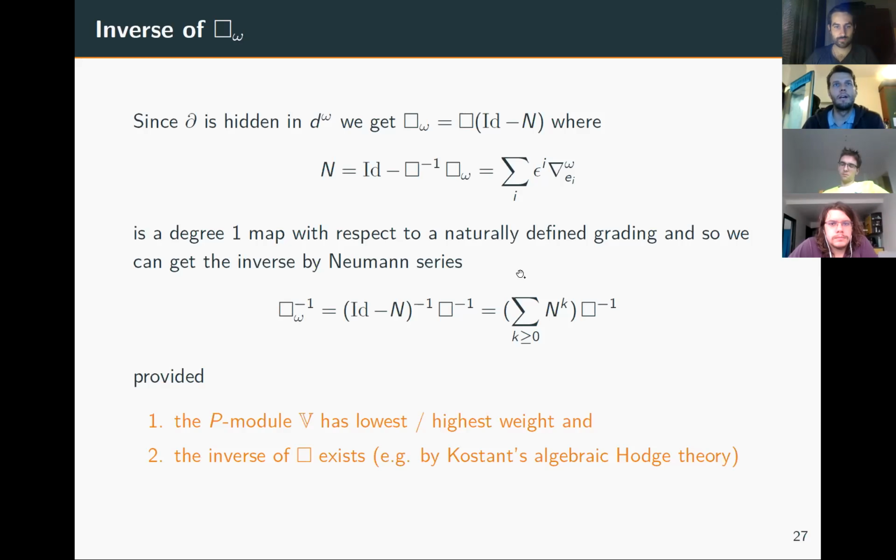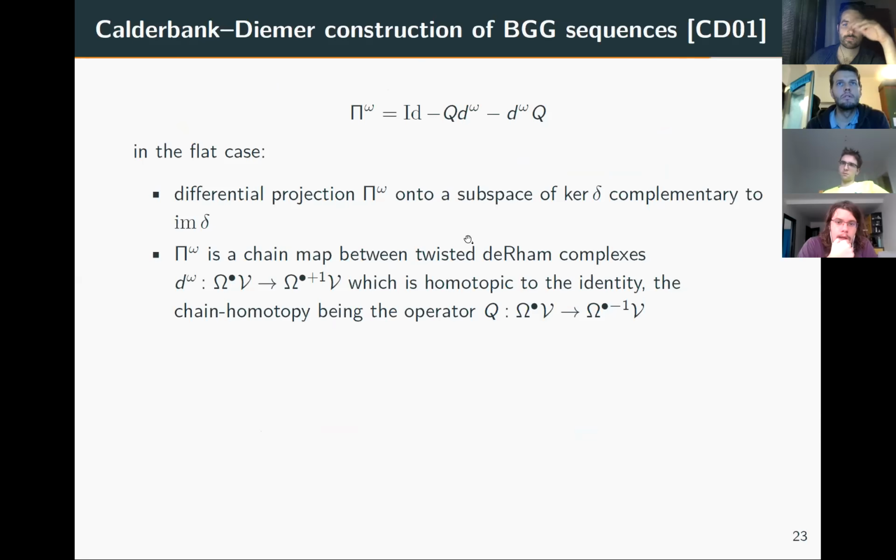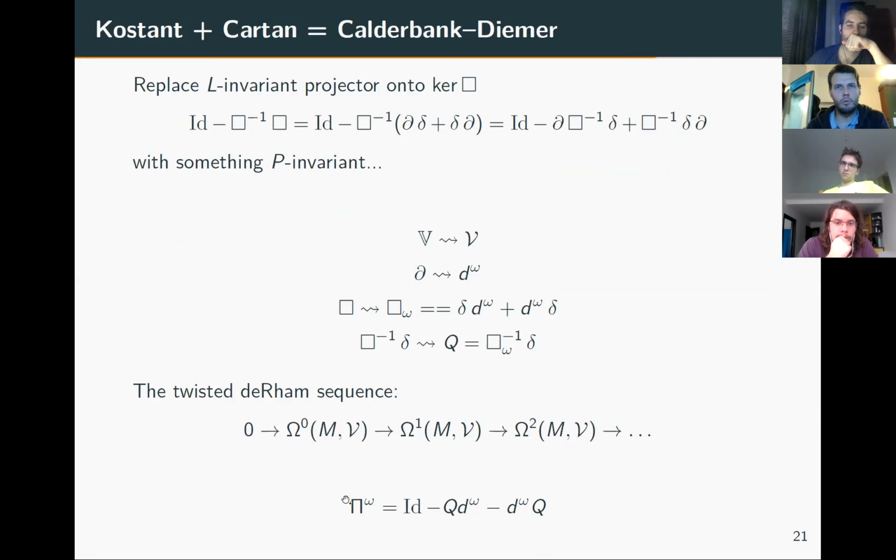So you can actually get the inverse as a finite Neumann series, and you see this n was an operator of first order. So basically, this operator is of order how many subbundles you have there. How long does it take for P plus to kill everything in the subbundle? So this homotopy transfer data then is an operator of arbitrarily high order depending on the rank of your bundle.